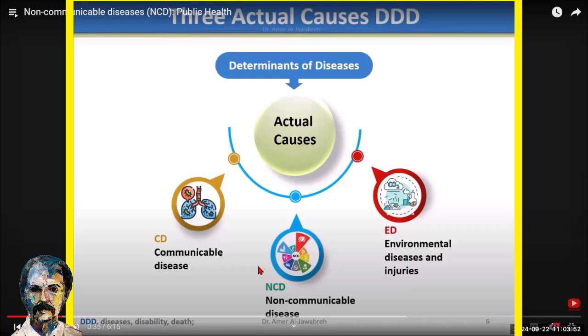Ozone, global warming, all of these are environmental diseases. So a human being dies from one of these three: CDs, NCDs, or EDs. Let's see which of these has the highest burden. First, we have to define what NCDs are.